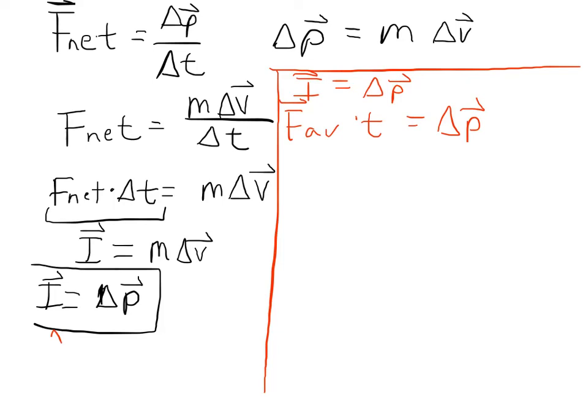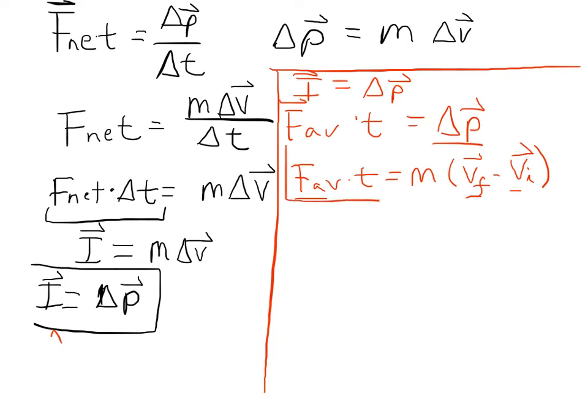So we can expand this back out because this equation is most useful in the expanded form. Average force times time equals mass times final velocity minus initial velocity. So anytime you have a question that gives you an average force and wants to know something like final velocity, or, oh, that's a vector too, or initial velocity, this is the equation to use.